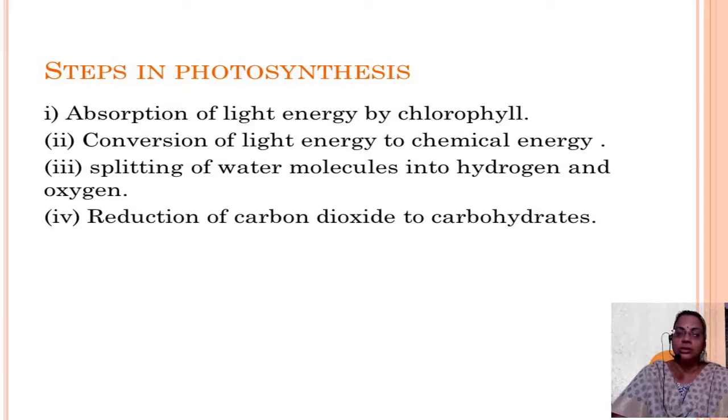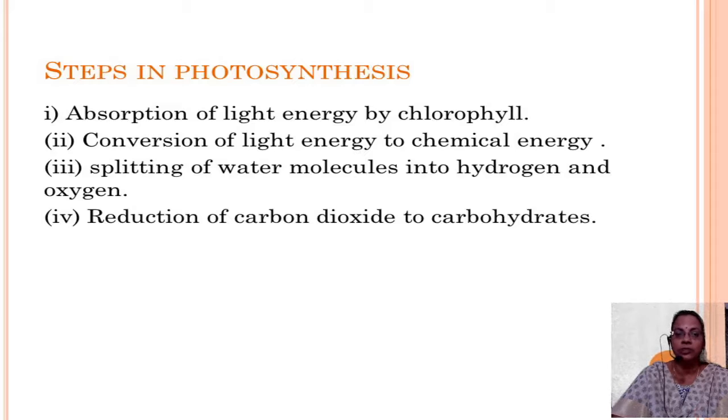Photosynthesis itself is broadly divided into light reaction and dark reaction. Light reaction is the first step of photosynthesis, where the chlorophyll absorbs the light and it is converted into intermediate products.